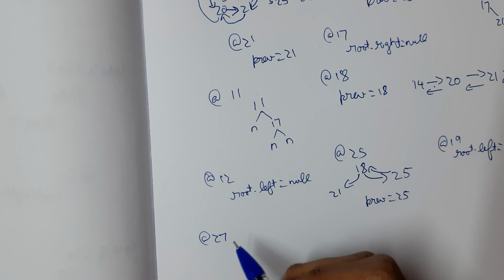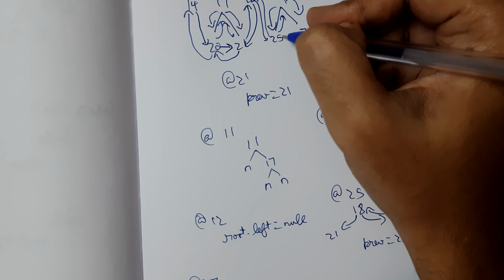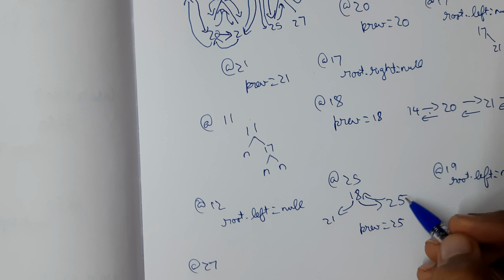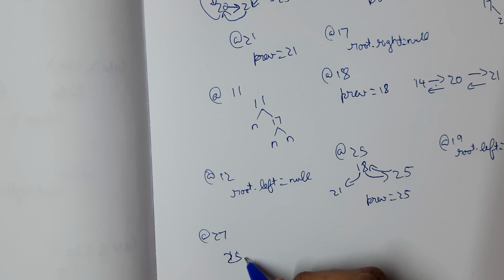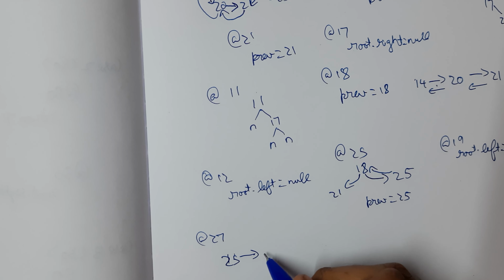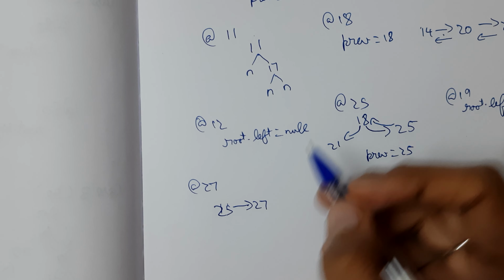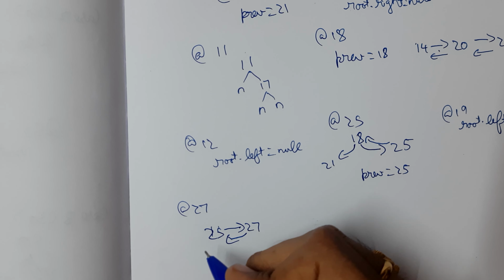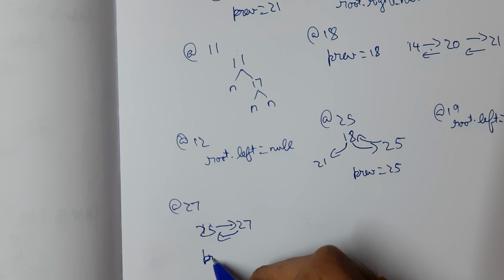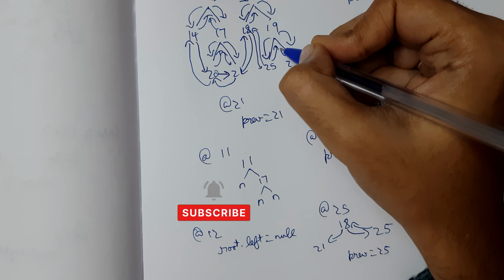So the right pointer of 25 will now be pointing to 27, and 27's left pointer, that is root dot left pointer, will now be pointing to 25, and the value of previous also becomes 27, and we return a null value back to 19.